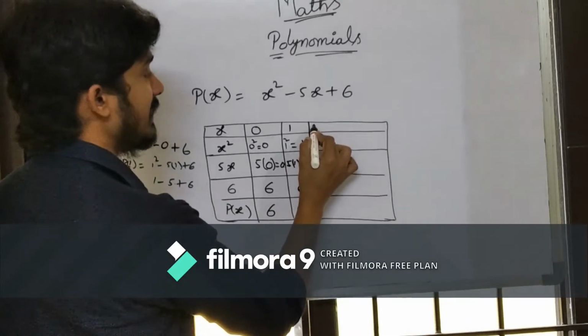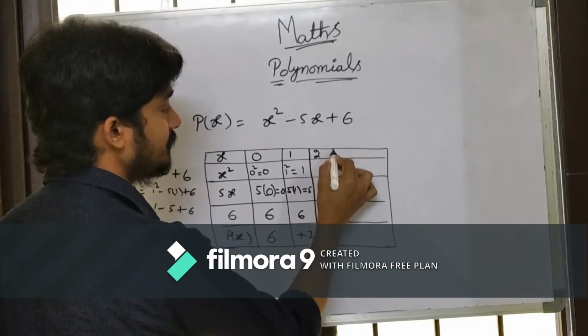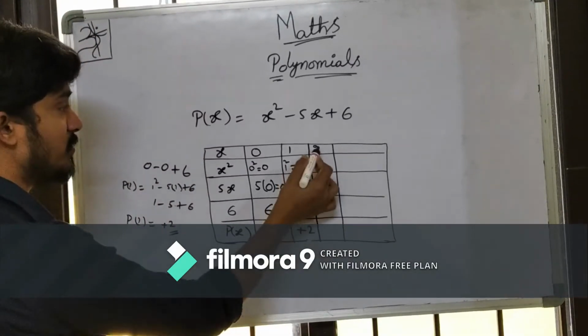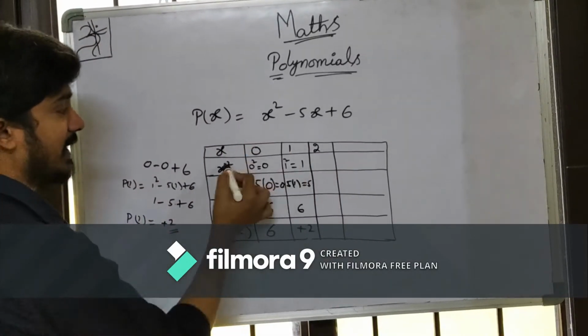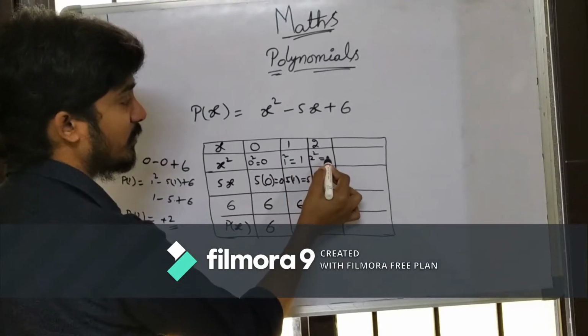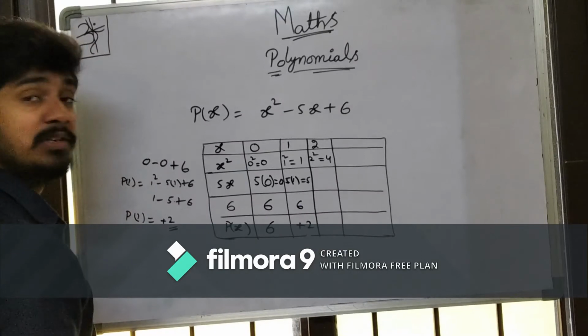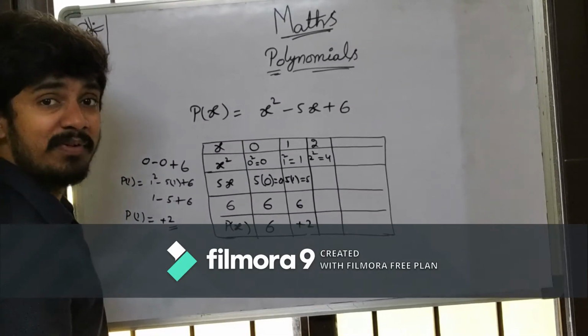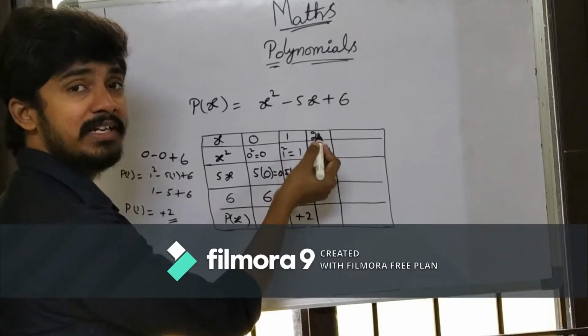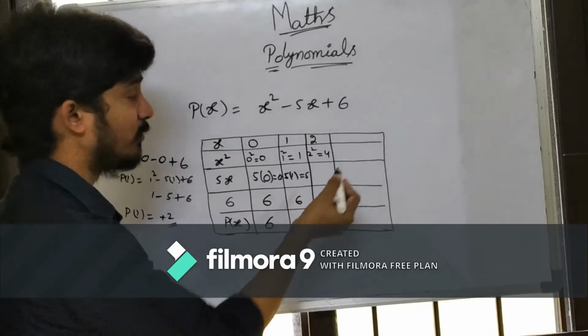Next, if x equals 2. X square value is 2 square, which is 2 into 2, 4. 2 square means base is 2, exponent is 2: 2 repeated 2 times means 2 into 2, 4.